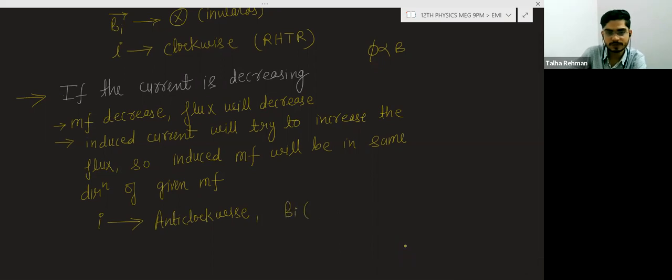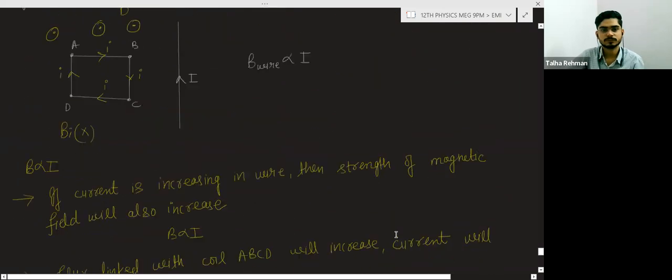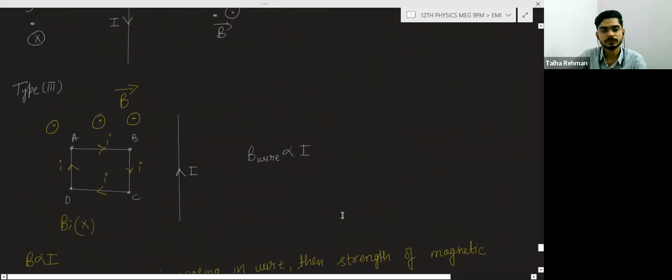Outwards means you will get the direction of the current like this.